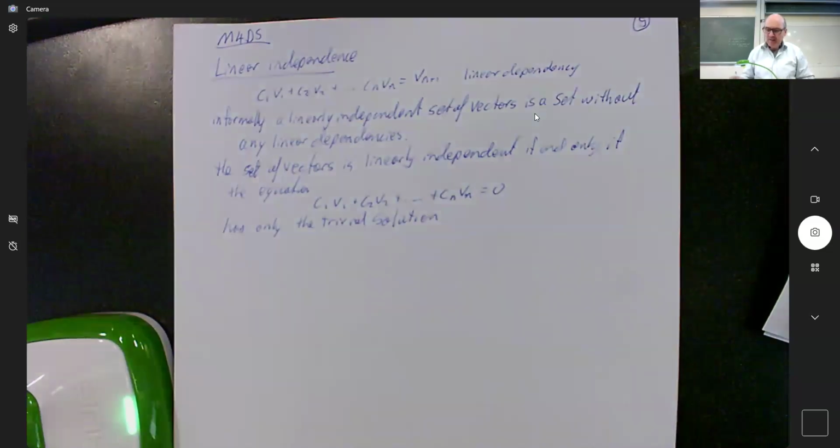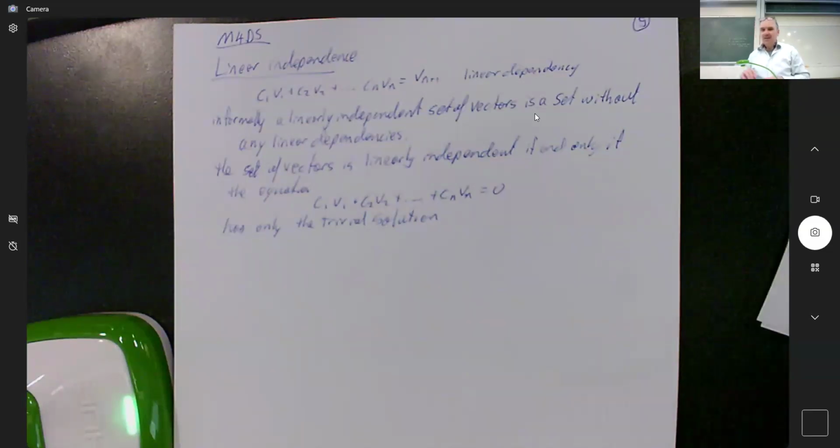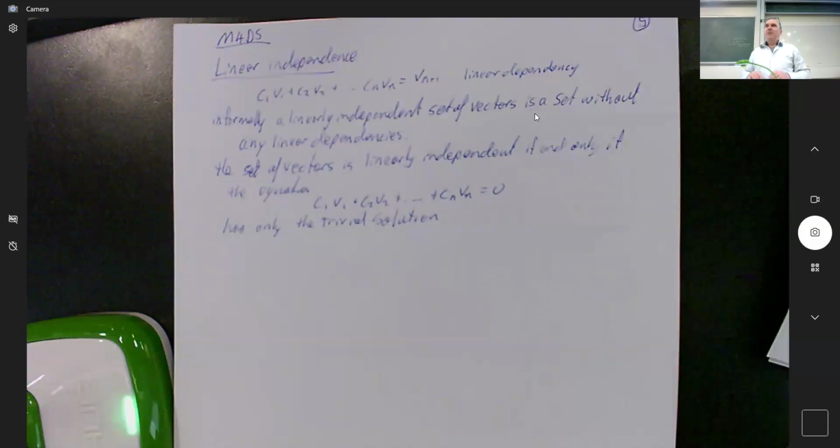is equal to 0, has only the trivial solution. All right, so a lot of people make the mistake of saying a matrix is linearly independent, which is not true, because the term linearly independent applies to vectors, not matrices.